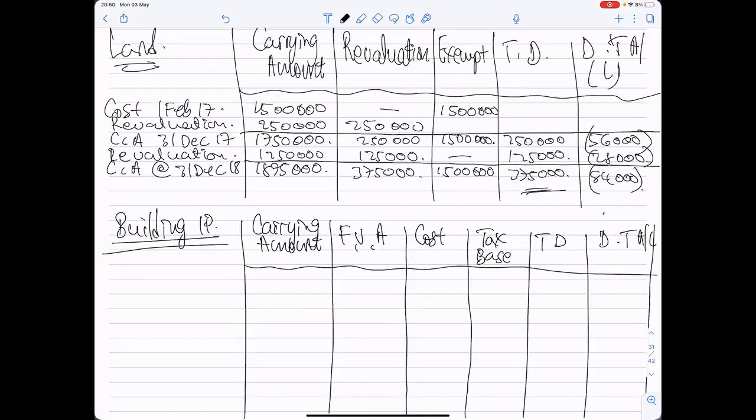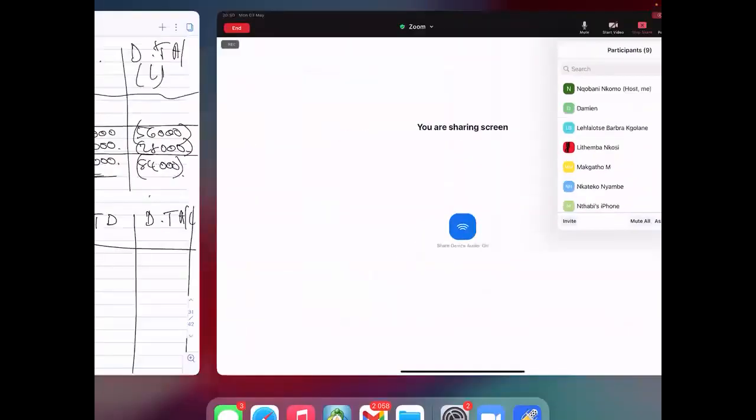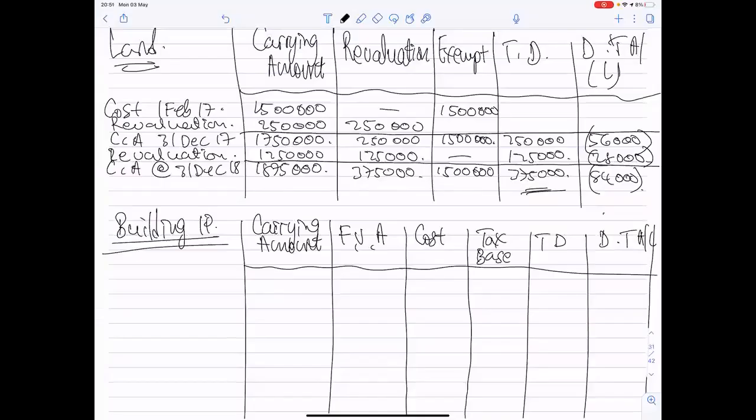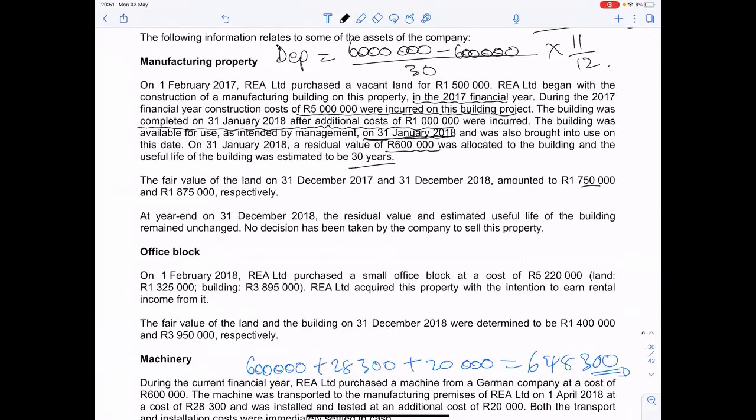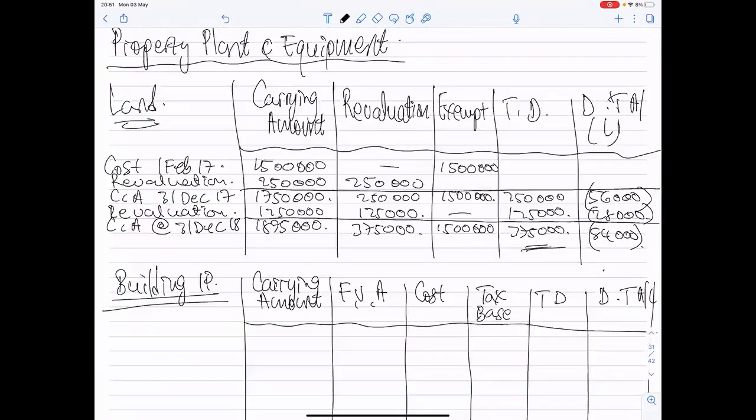Are we still together, good people? Yes, sir. Okay. Now, the building was acquired on the 1st of February 2018. So we can say cost 1 February 18.